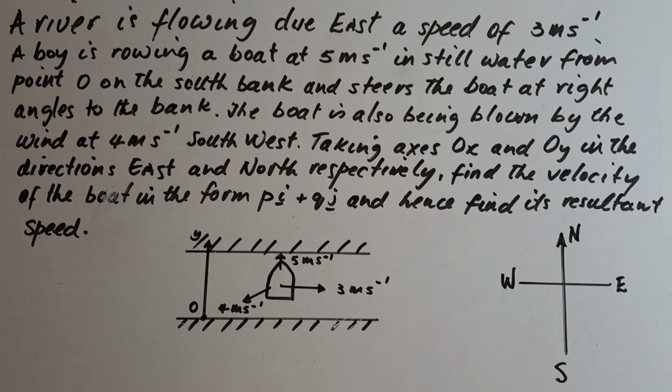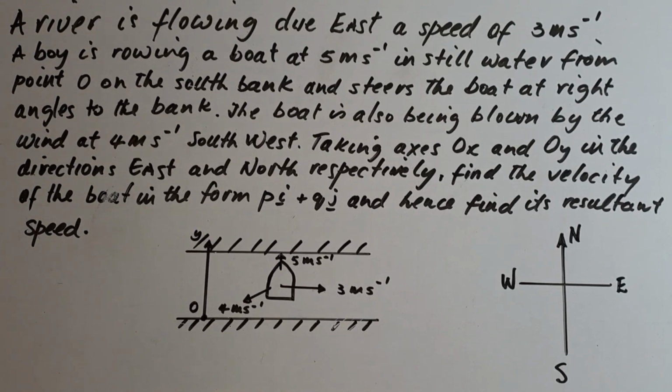The boat is also being blown by the wind at 4 meters per second, southwest. Taking axes OX and OY in the directions east and north respectively, find the velocity of the boat in the form Pi add Qj, and hence find its resultant speed.